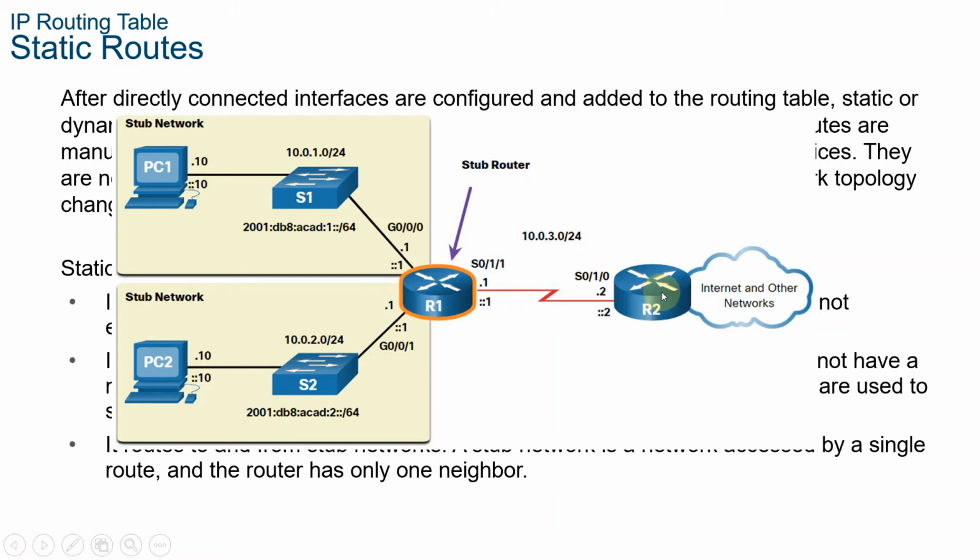Basically, the good thing about static routes is that they are secure because you have to manually identify the route. Second, they are good for small networks as they use fewer resources. But this is not an ideal solution for an enterprise network.